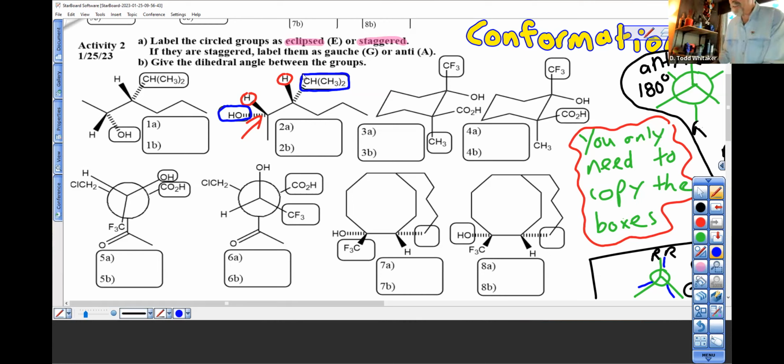Yeah, they are. They're both away to the right of your eye, if your eye's here. So they're definitely right on top of each other. What do you call it when they're on top of each other? Don't call it staggered. What do you call it? Eclipsed. Okay. So eclipsed is the letter E.